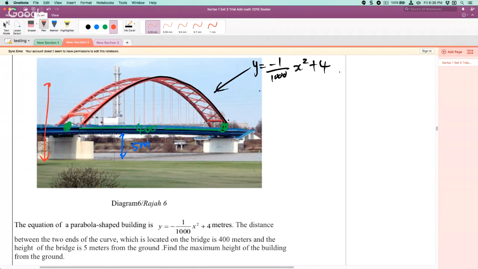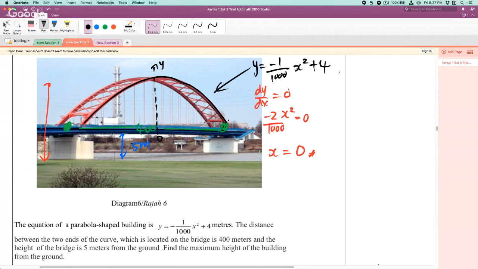So I will set dy/dx equals to 0. dy/dx is negative 2 over 1000 x, equals 0. So x equals 0. Therefore, in order to get the maximum, which is the highest, my x should be at 0. So this is sort of my y-axis.